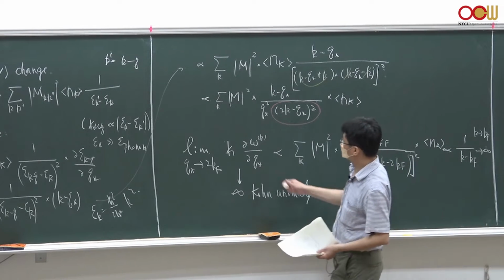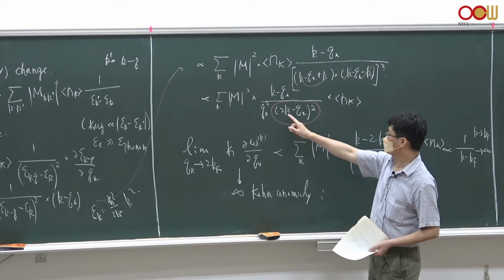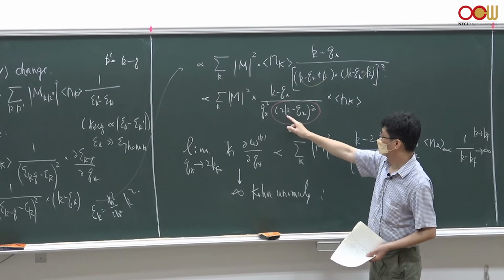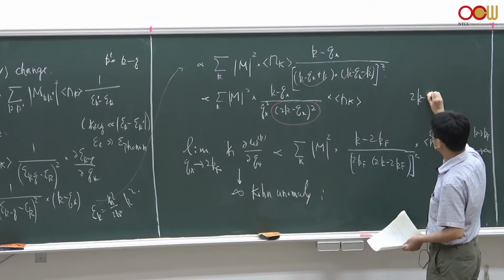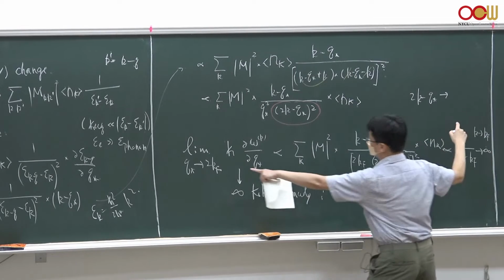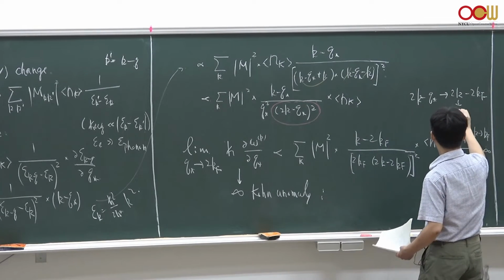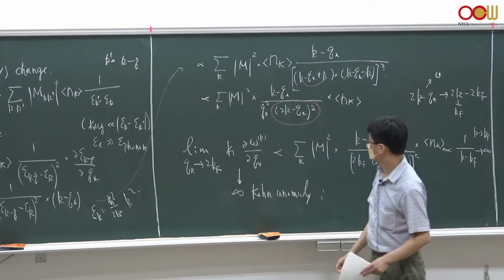So when you sum over k here, the most contributions at low temperatures will be the electrons very close to k_F, and therefore this denominator 2k minus q star, when q star is approaching 2k_F, this energy denominator vanishes, right?